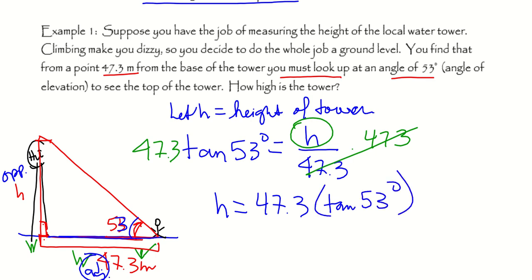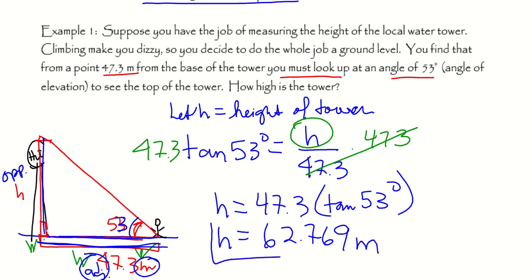I can evaluate that with the help of my calculator, and I end up with 62.769. That number has meaning. That's the height of my tower. If the distance was in meters, then this must also be in meters. And we have answered the question. Okay, let's do another example.